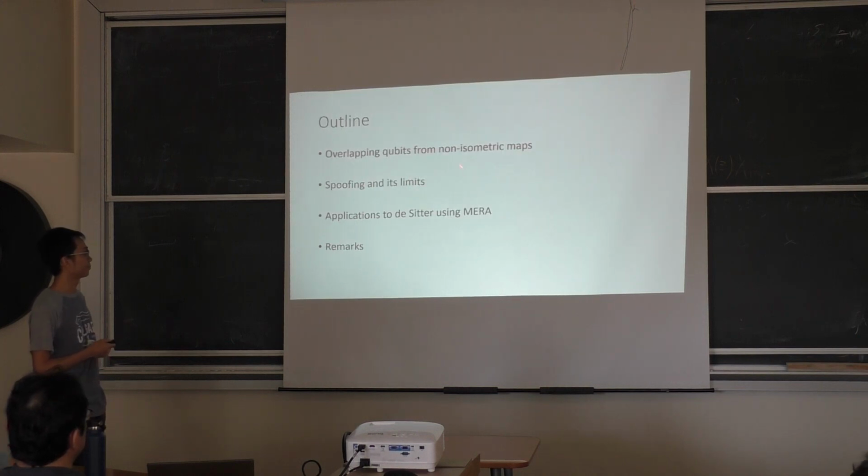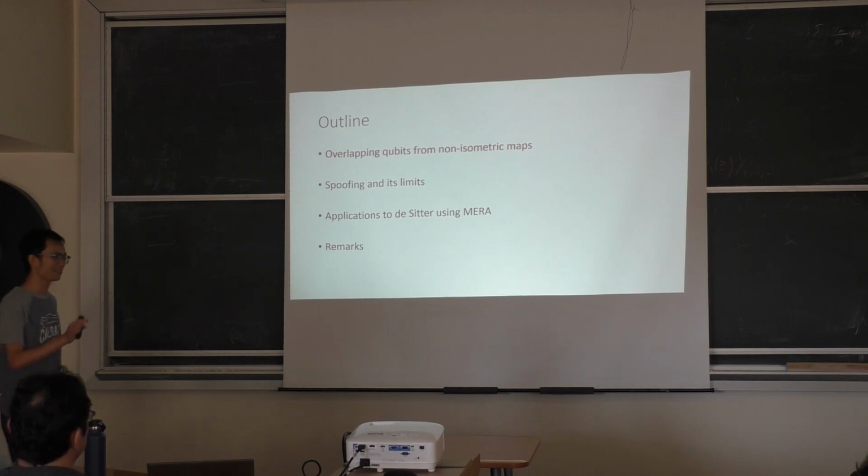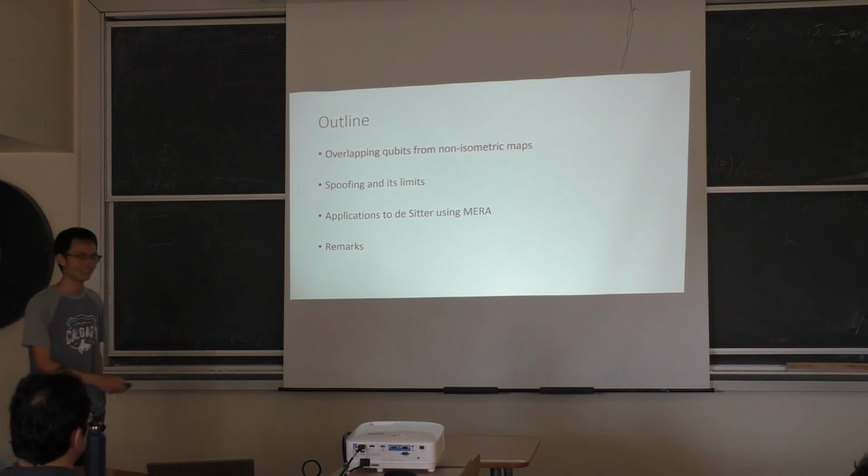So the outline of the talk really is we're going to try to construct some of these overlapping qubits using a slightly different method than the one I just talked about. I actually haven't told you how they overlap the qubits yet. And then we're going to look at what are the limits of overlapping qubits.